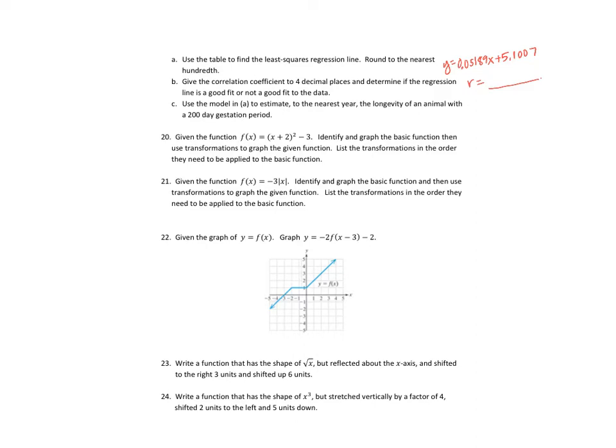Then I want to use the model to estimate to the nearest year the longevity of an animal with a 200-day gestation period. So I want to just plug in 200 for x and see what I get. 0.05189 times 200 plus 5.1007.